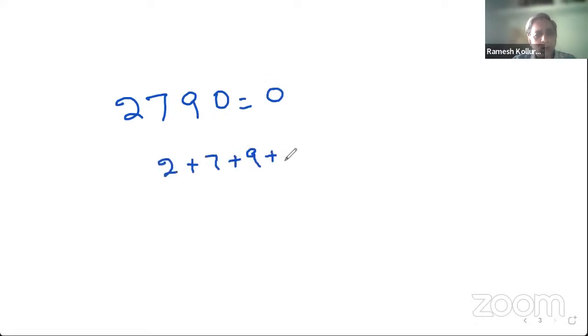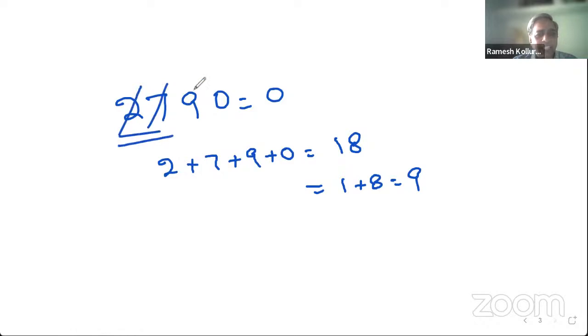If I'm having bigger numbers like 2790, then also 2 plus 7 plus 9 plus 0 is 18, which is 1 plus 8, which is 9. Or you can say whenever 9 is there, you cast it out, so whatever remaining is 0. That's how you can see the digital root of a number.